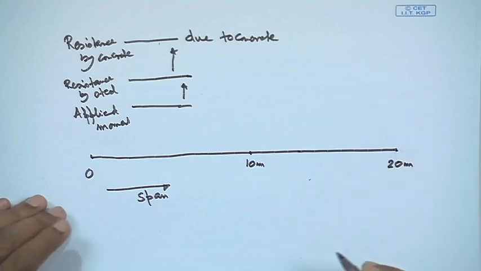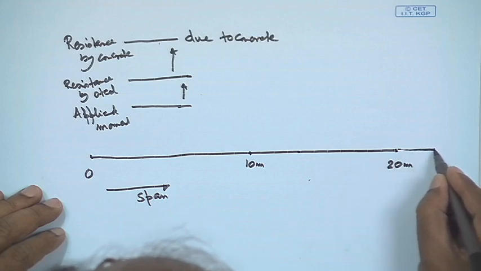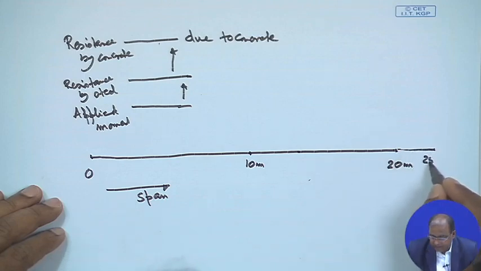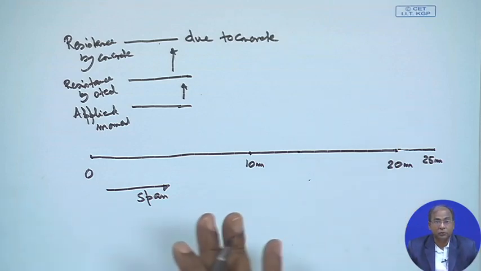That means our boundary we can go a little bit more, let us say maximum something like 25 meter. That is the scope of this course.